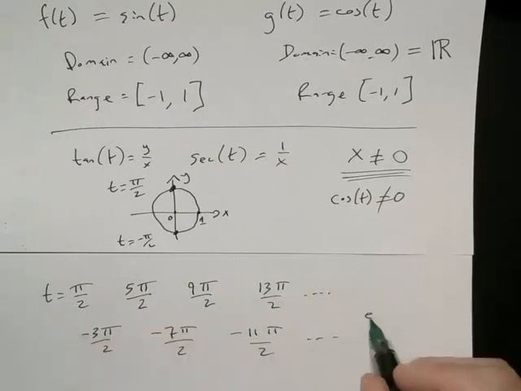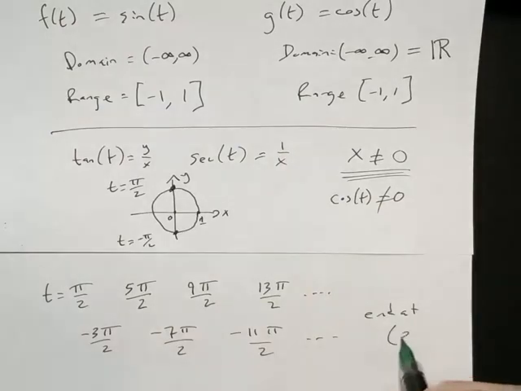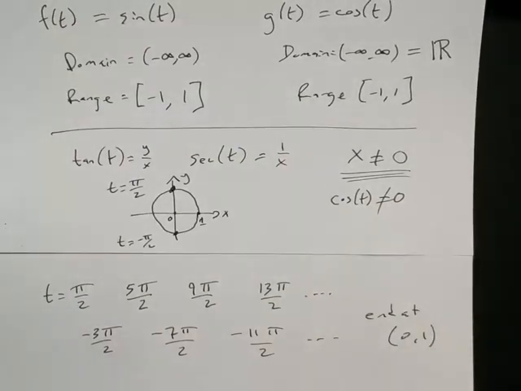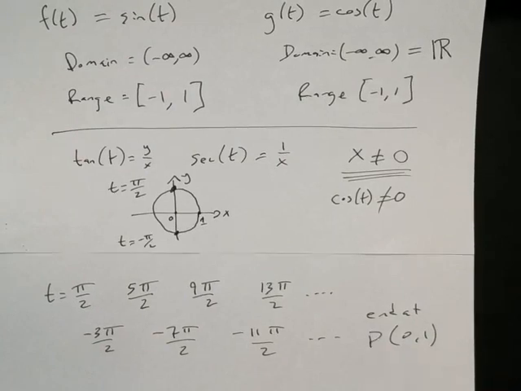All of these end at (0, 1) as our point. Which means all of those t values break tangent. They break secant. On my unit circle, those are places where those two functions are undefined.